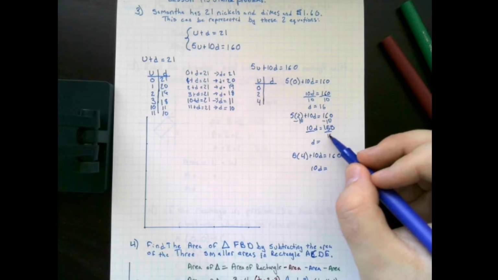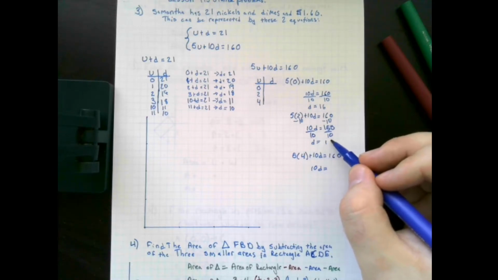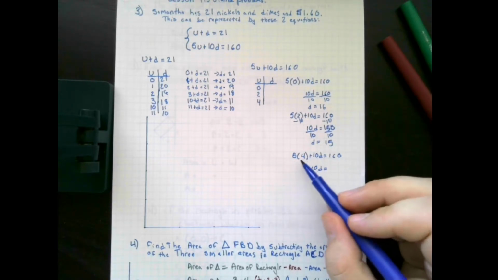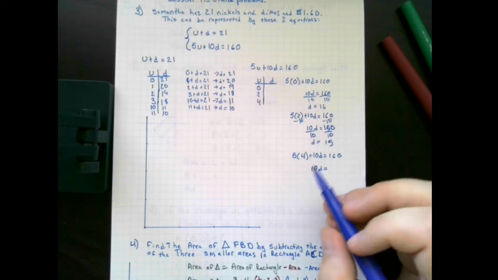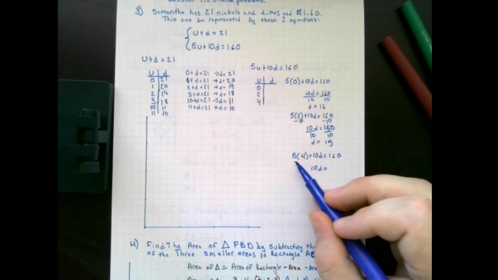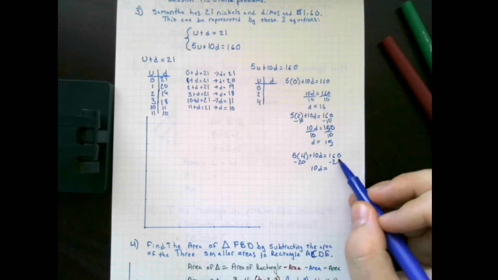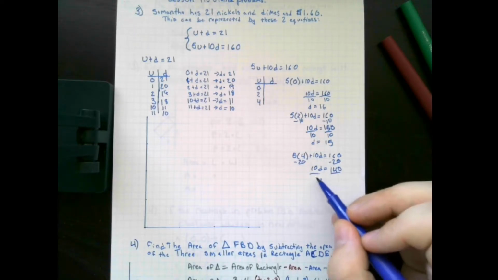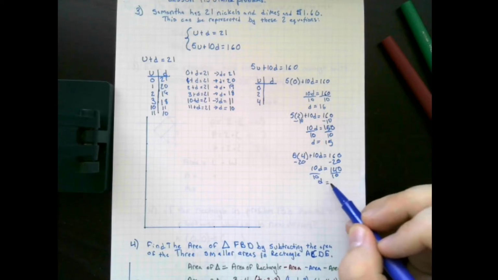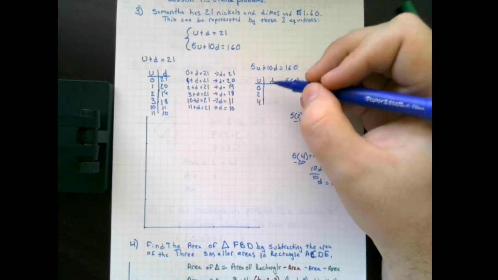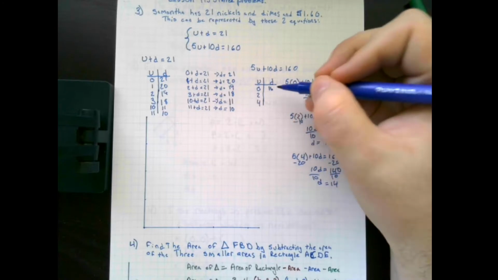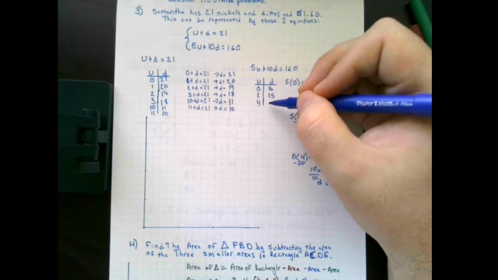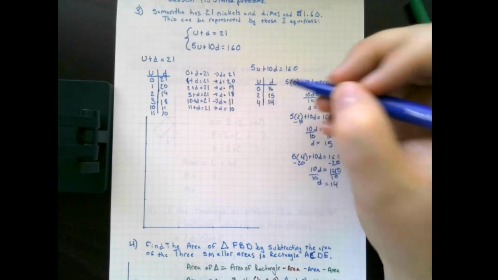Dividing that by 10 will give you D equals 15. Now, if we plug in 4 for U, that will give us 20. So if we subtract 20, 10D will equal 140. And when we divide, D will equal 14. So we've got 16, 15, 14.